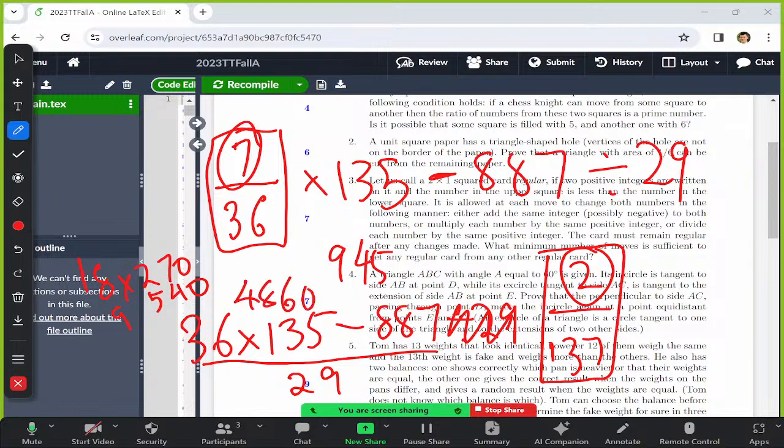What's 4,860 minus 887, Michael? 3,900 and 73. Okay. 3,973. And what's 3,973 divided by 29?